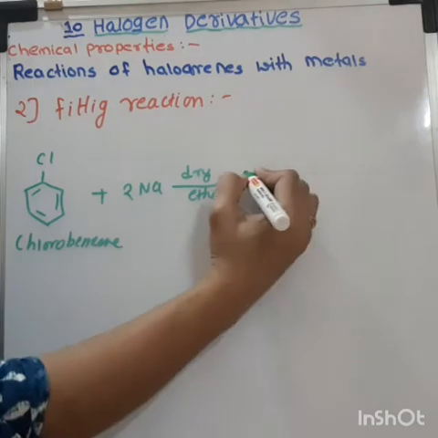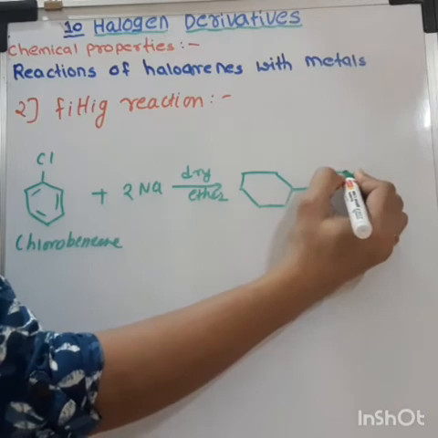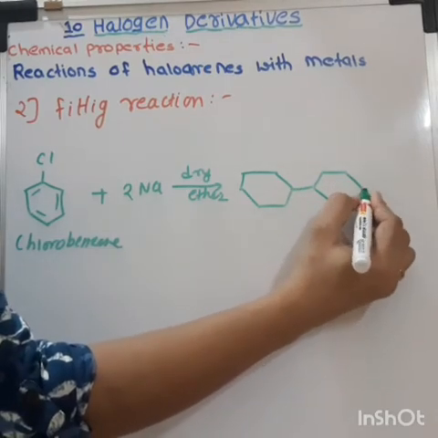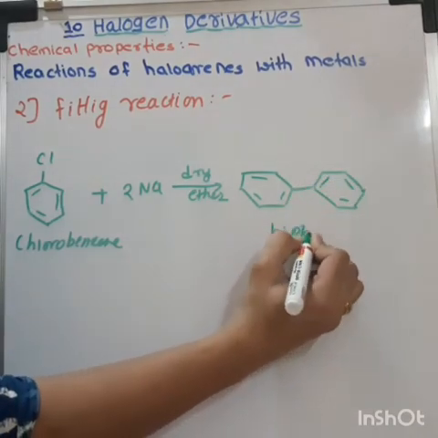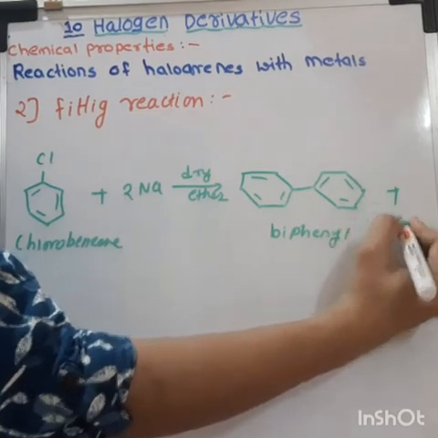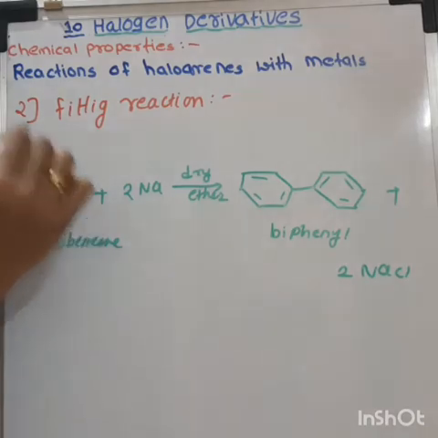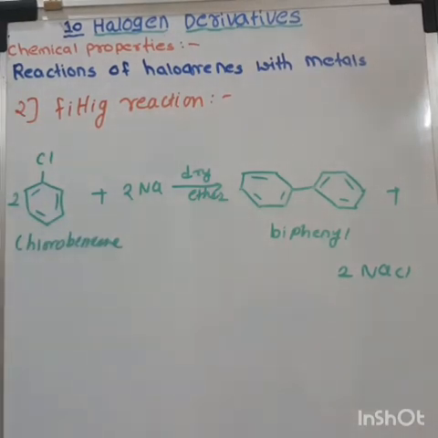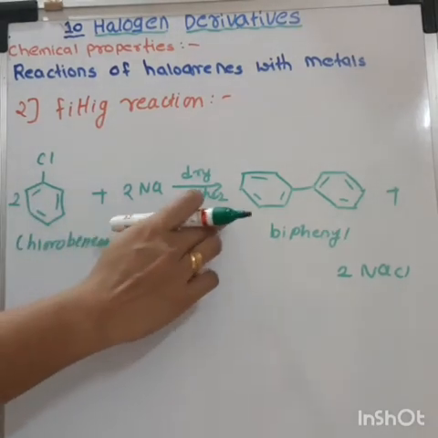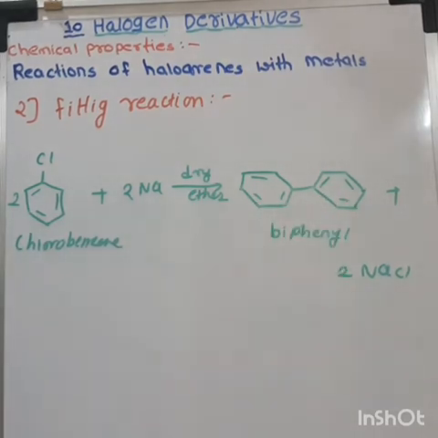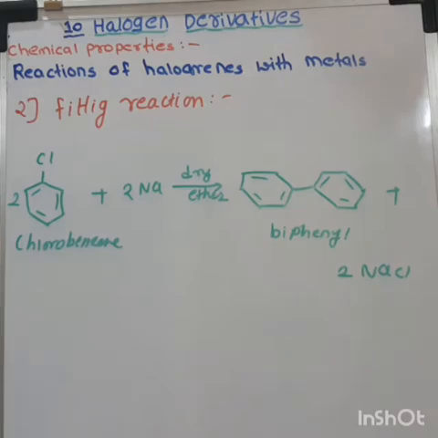We'll get the product biphenyl plus 2 molecules of NaCl. So in this reaction, aryl halide reacts with sodium metal in presence of dry ether to give the product biphenyl, and the byproduct is 2 molecules of NaCl. So this is the Fittig reaction.